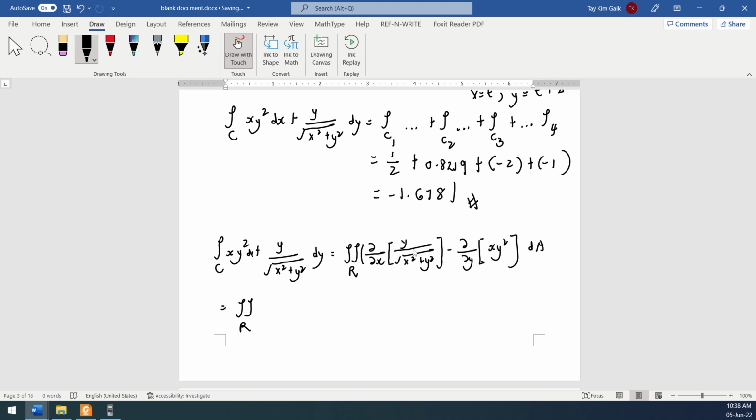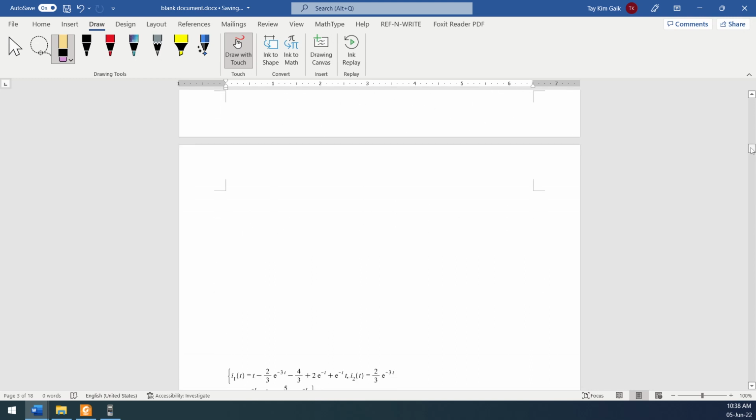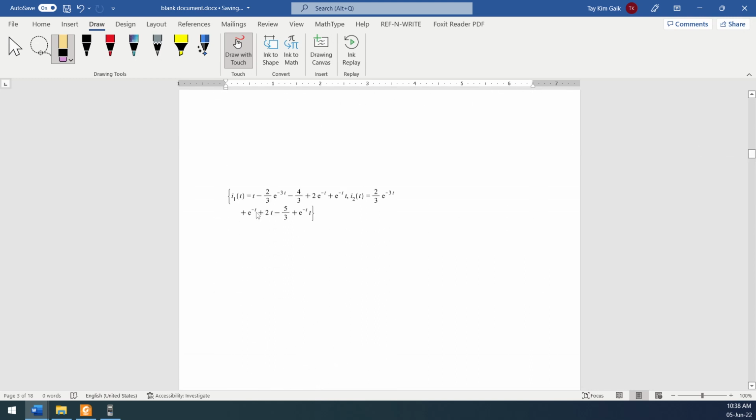So del x of y over square root of x squared plus y squared, when del x, y is constant, you factor out y, and then you del x.